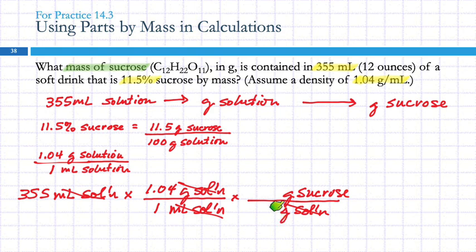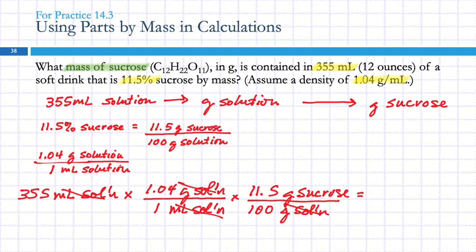This one then, I've got grams of sucrose and grams of solution. That's going to be my mass percent. And so it's 11.5 grams of sucrose, 11.5, and 100 grams of solution. And then I just do the math.